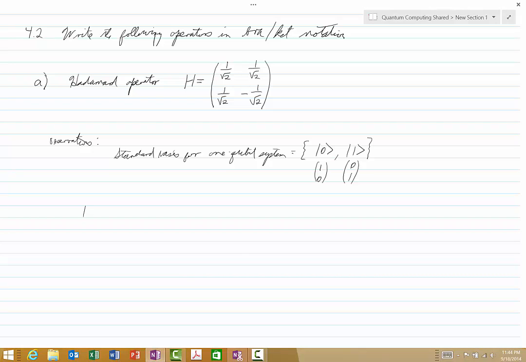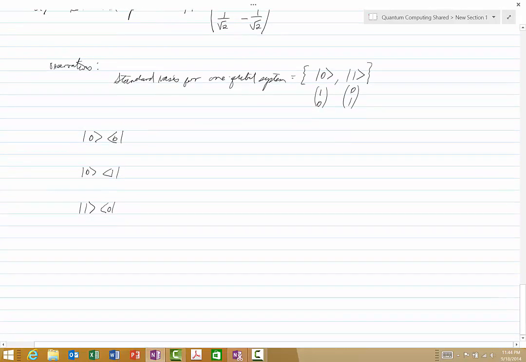What I mean is this: we would have |0⟩⟨0| as one possibility, |0⟩⟨1| is another one, |1⟩⟨0| is still another, and finally |1⟩⟨1|.